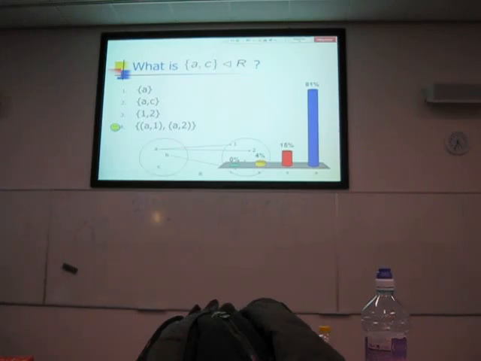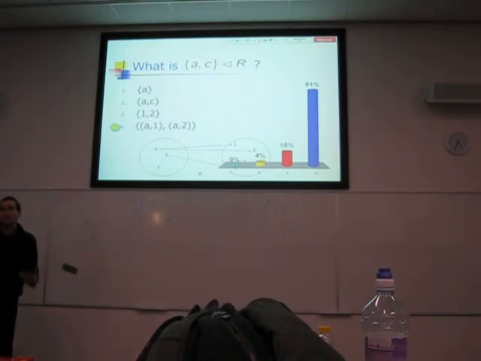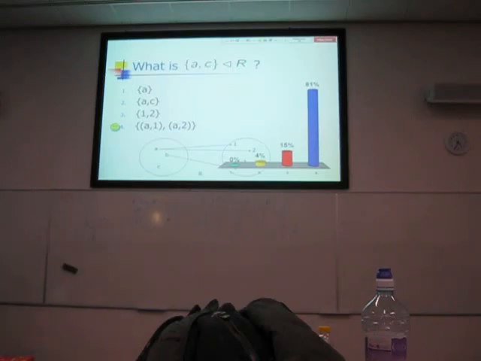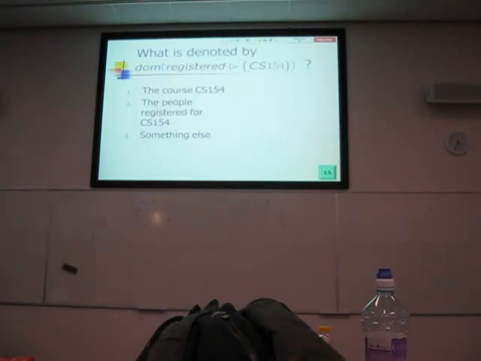And yeah, basically because it's a domain restriction, it still gives us a relation, so we still need to have ordered pairs in our sets. So this is how we extract information from a relation.